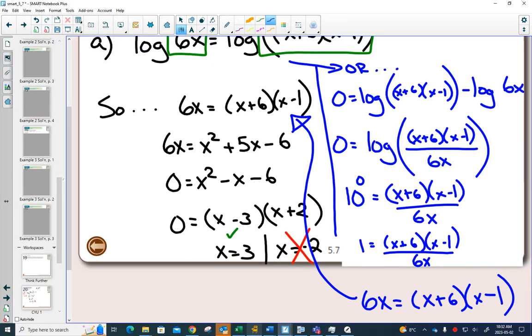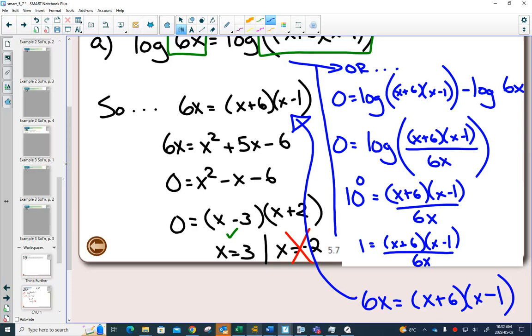And all of that extra work to get to the same place we would have been in our shortcut. Probably why I call it a shortcut, because we would save all that work if we know about that shortcut. But had you not known about the shortcut, it would still work. This is the classic way of solving all log equations.